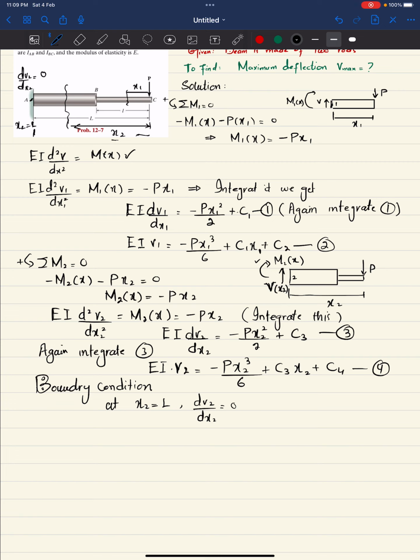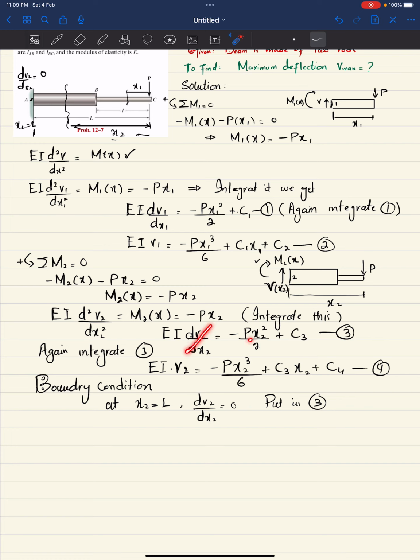So what you will do is put in equation number 3. When you put x is equal to L, dv over dx will be 0.